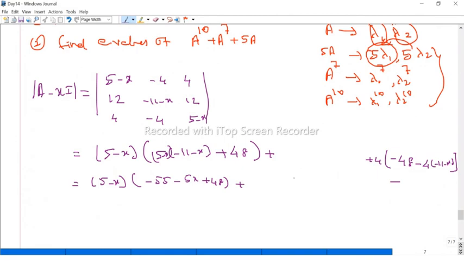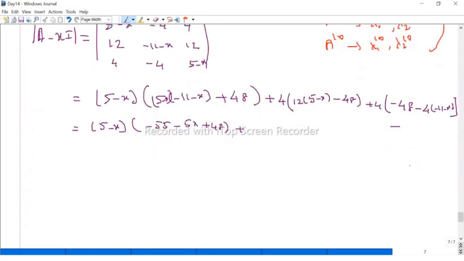So minus plus 4 into 12 into 5 minus x minus 4 into 12, that is 48. The others are correct, I think. Now multiply this.